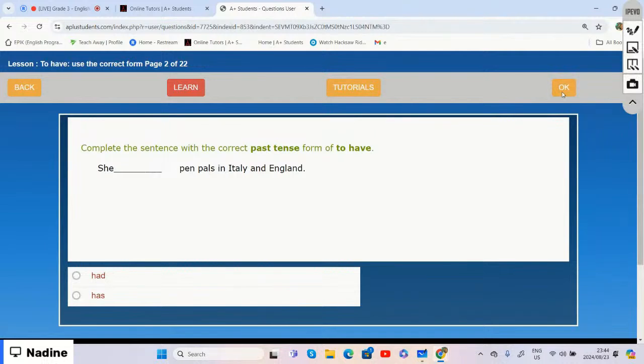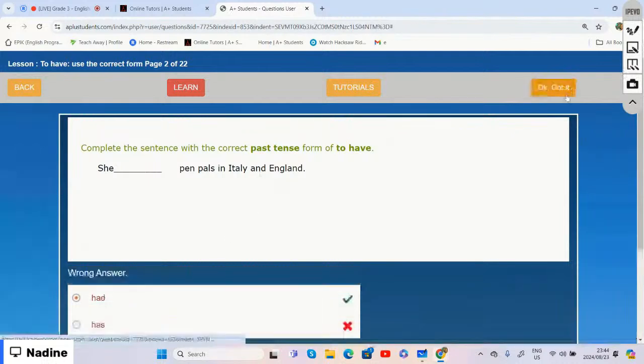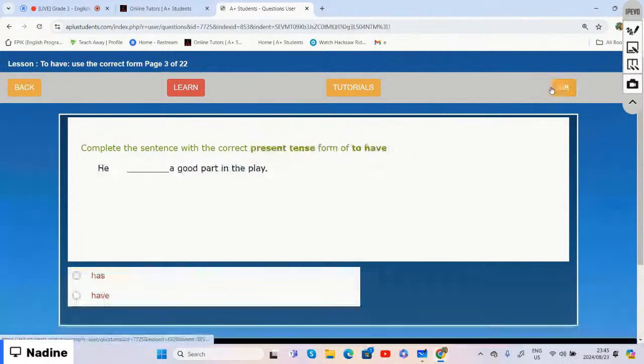And if we use the correct form, we can say she has pen pals in Italy. And oh, she had. Oh, it's in the past tense. Sorry, I didn't even see that. Remember the past tense? All pronouns are had. So that is in the past tense. Sorry.